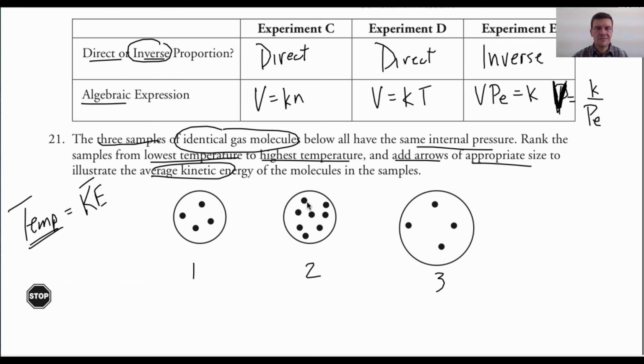So if I was to rank these as far as kinetic energy, balloon 2 would have the least kinetic energy. Balloon number 1 would have energy that's about double that, and balloon 3 would have about double number 1. Okay? So this is lowest, this is highest, and this one is in the middle.